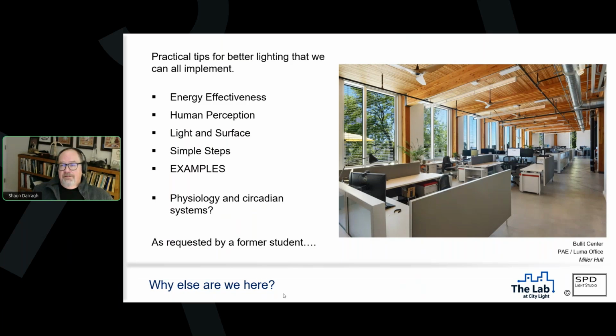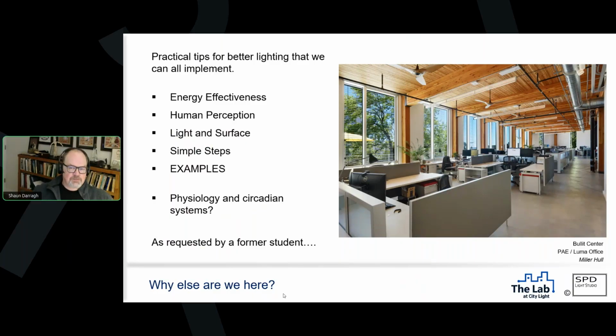And the class format was really requested and suggested by a former student who I don't think is on the call here today. But what she had asked for was a walkthrough of some examples and practical tips for better lighting that we can all implement, right? What is energy effectiveness?